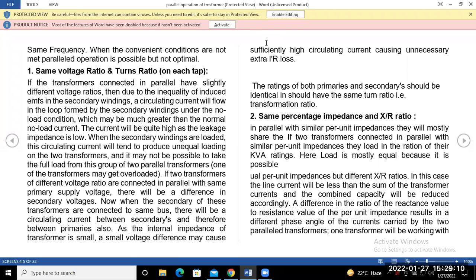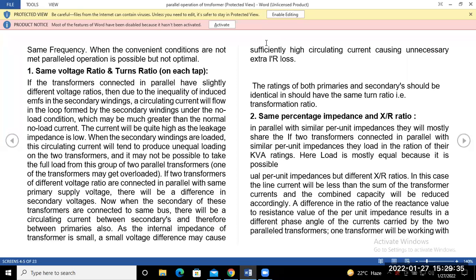So due to the difference in induced EMF in the secondary winding, a circulating current will flow in the loop formed by the secondary windings under the no load condition, which may be much greater than the normal no load current. The current will be quite high as the leakage impedance is low for the transformer.